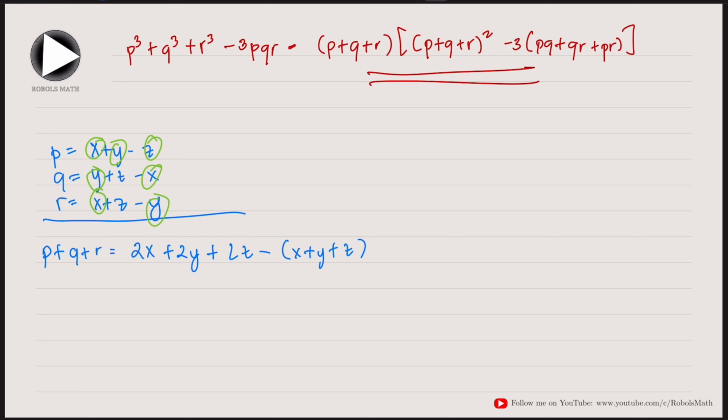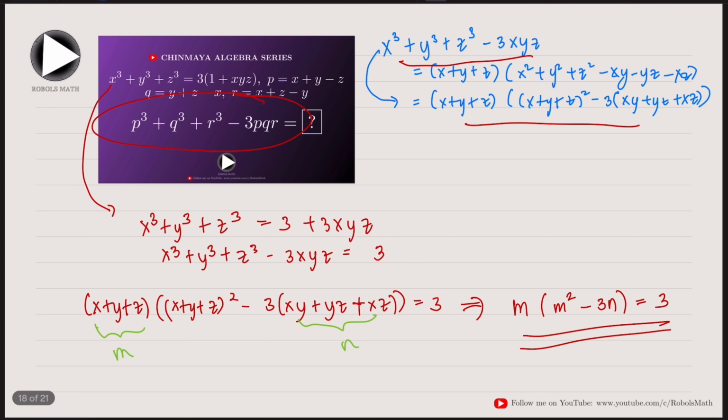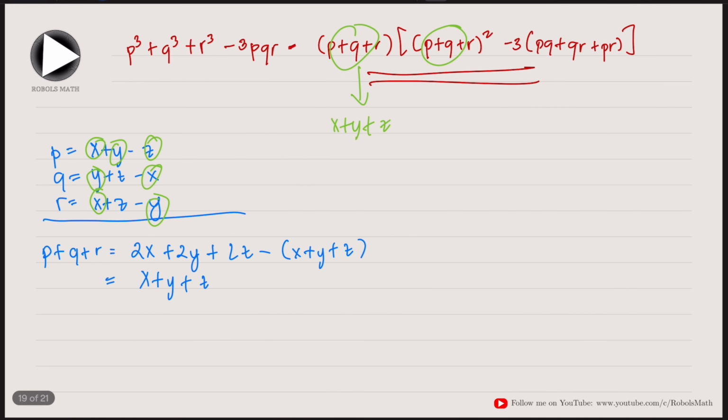If we simplify this, we get p plus q plus r is equal to x plus y plus z, which based on our assumption earlier, we let that variable be m. So this one is actually equal to m.